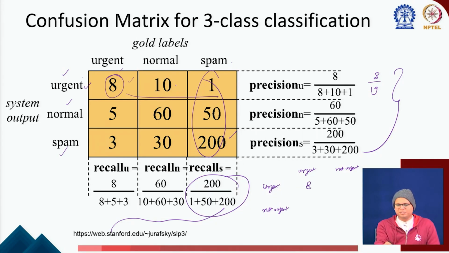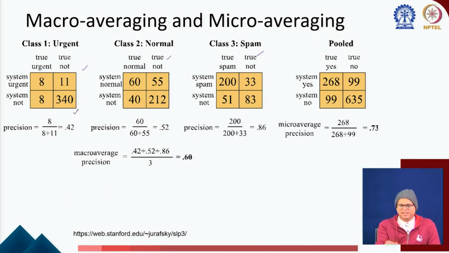Now urgent, not urgent will be 10 plus 1, 11. Not urgent, urgent here will be 5 plus 3, 8, and the remaining will be 340. So this will become the corresponding matrix. From there you can say the precision will be 8 by 19, recall will be 8 by 16, right? You get back the same values that you were getting here. So like that you combine into single matrices.